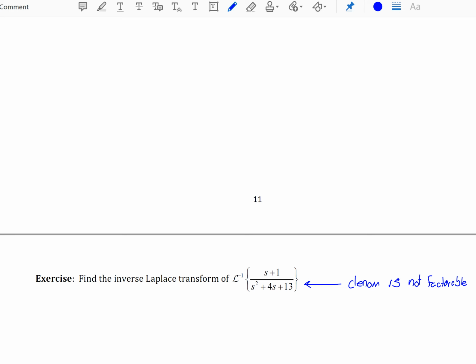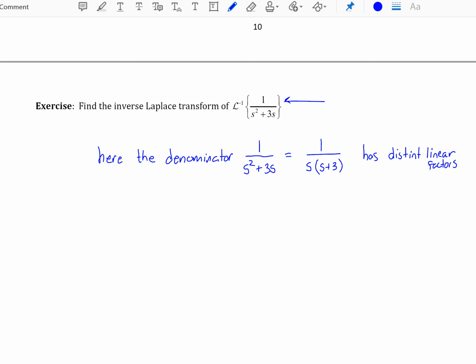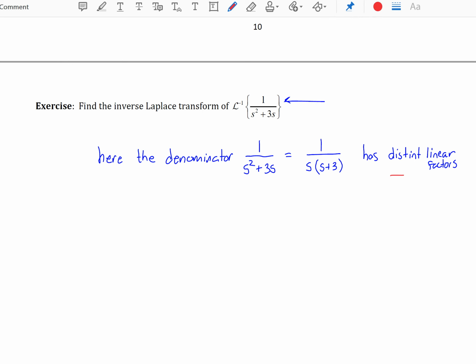So I'll work on both of these, but notice that if your denominator is not factorable, you have to apply one technique. And if your denominator is factorable, and recognize that as having distinct linear factors, then we're going to use partial fraction decomposition.